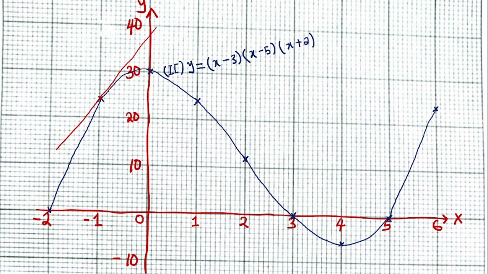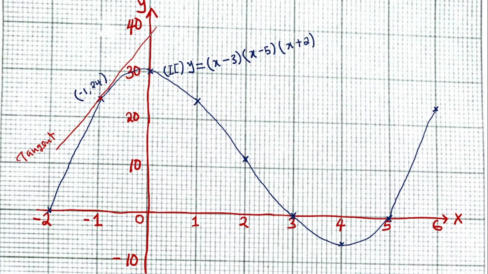Okay, 2 coordinates. So coordinate number 1, I would say this one here, which is negative 1, 24, where we have put the tangent.